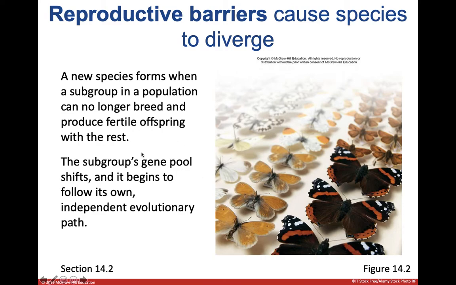And now they're going to be interbreeding with themselves in a different area with their own gene pool, and they have different evolutionary pressures to adapt to. The environment might be different over here, so they're going to have to adapt differently. Now, when that occurs, these organisms are going to undergo different evolutionary changes because they have a different gene pool than the original population and a different environment to adapt to.